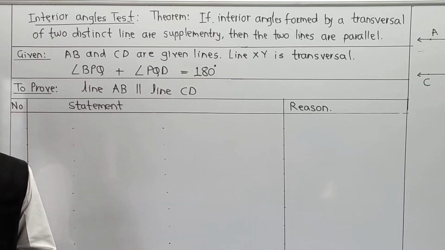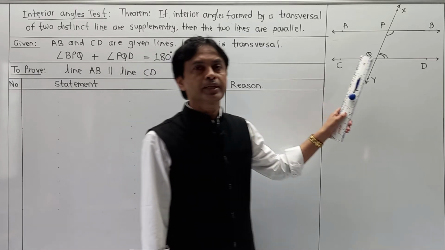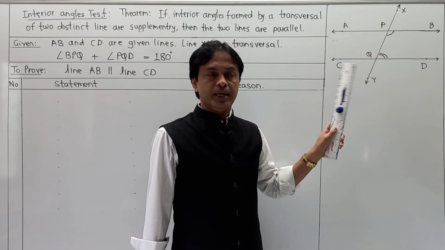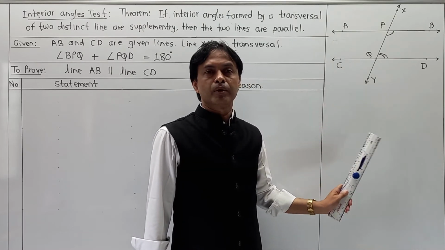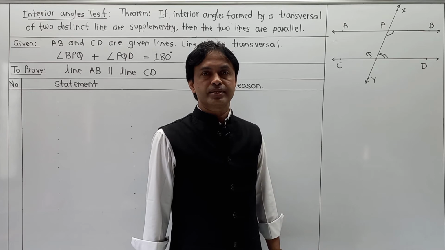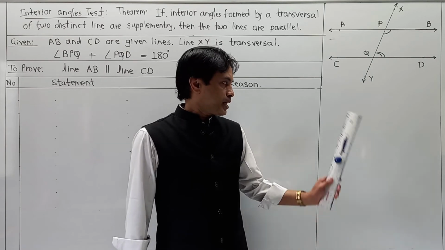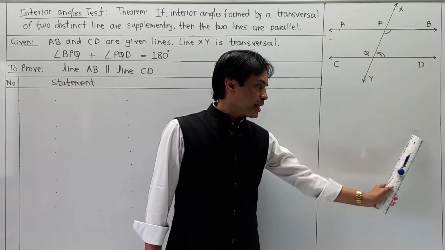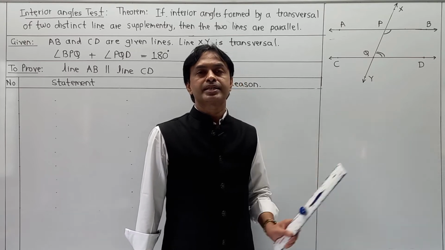We are going to consider that AB and CD are not parallel. If they are not parallel, then definitely they are going to intersect somewhere, and let us say they intersect at point T. According to that we are going to make a modification in this diagram and complete the indirect proof. Here I am going to draw a diagram where AB and CD act as intersecting lines.